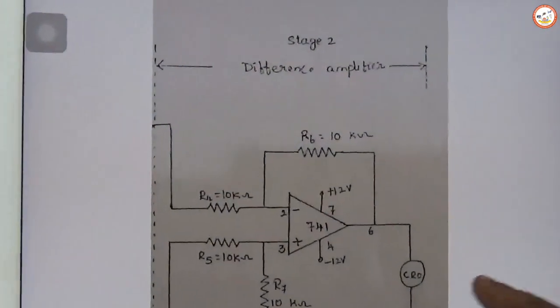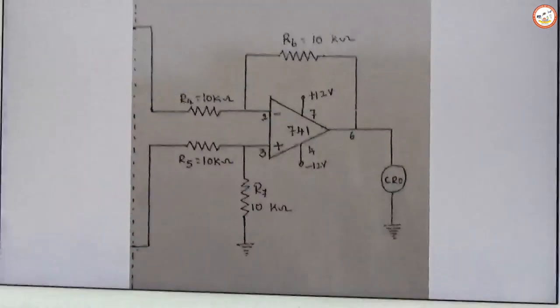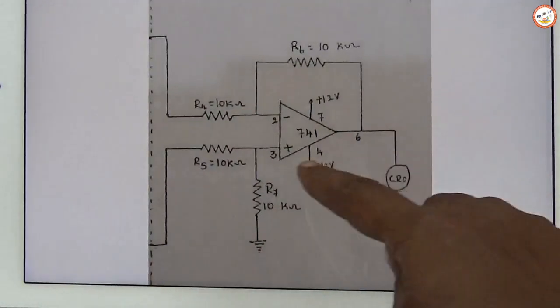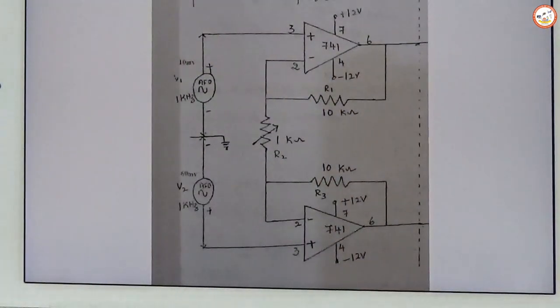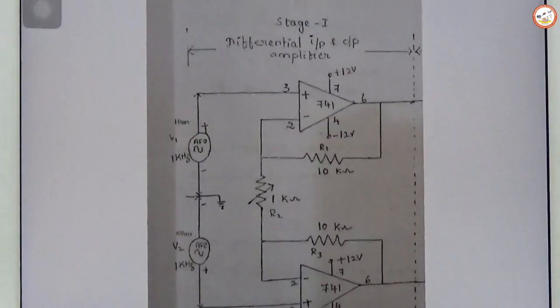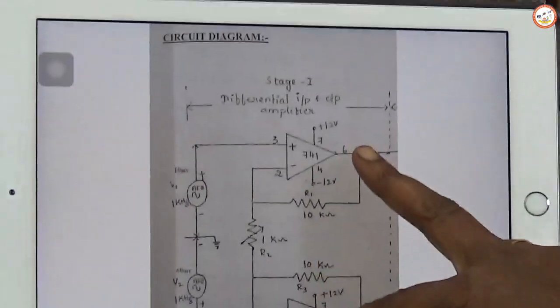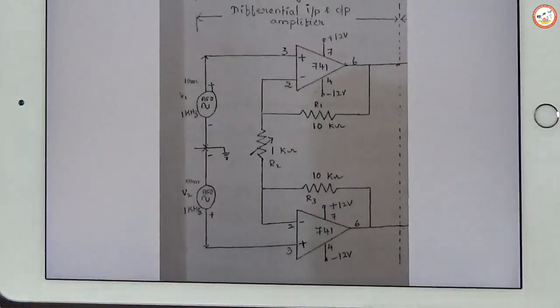As we know, in a differential amplifier the input impedance is reduced. That's the reason why we go for stage 1. In stage 1, we'll be making use of 2 non-inverting amplifiers, whose outputs are given as input to stage 2, which is a difference amplifier.